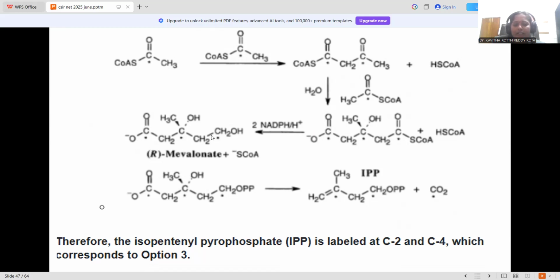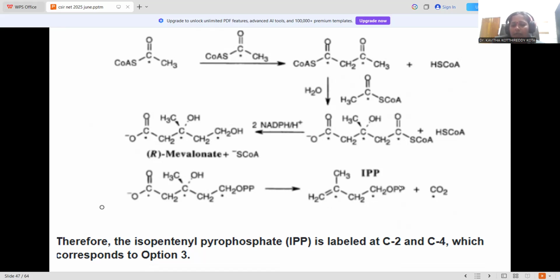After getting this kind of molecule, it goes for decarboxylation. This terminal has carboxylate functionality to be decarboxylated. Whenever decarboxylation takes place, there is a provision for the generation of a double bond. The double bond molecule with CH2OPP is called isopentenyl pyrophosphate. This is IPP.